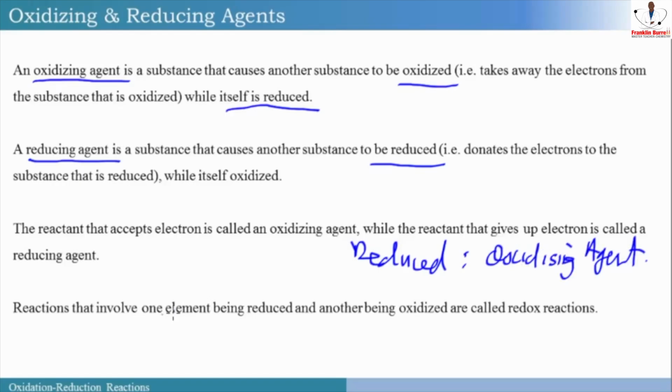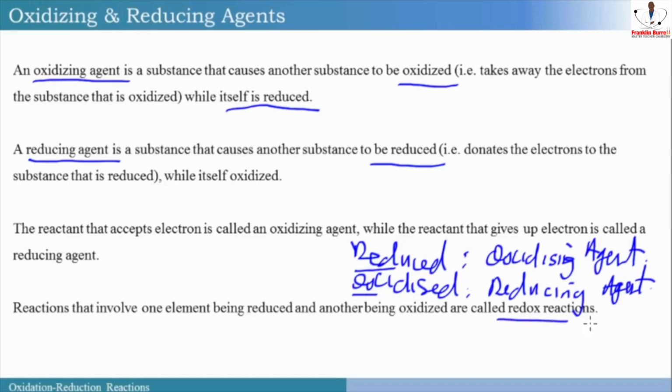And whatever is being oxidized is called the reducing agent. In reactions where you have both oxidation and reduction taking place, we call that redox. Hence, we call them redox reactions.